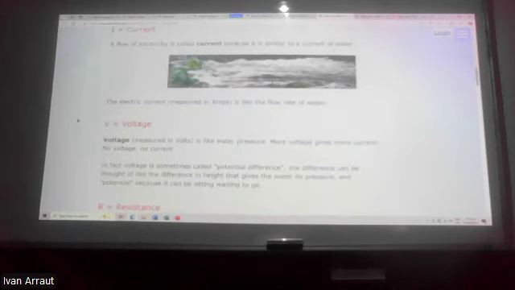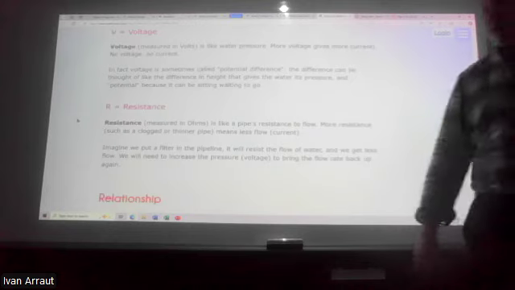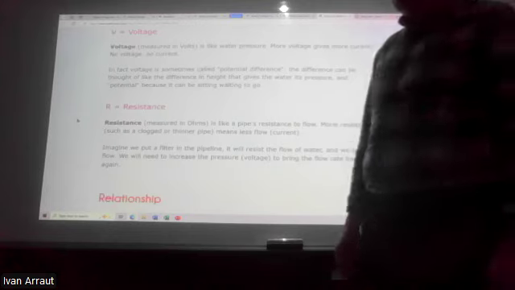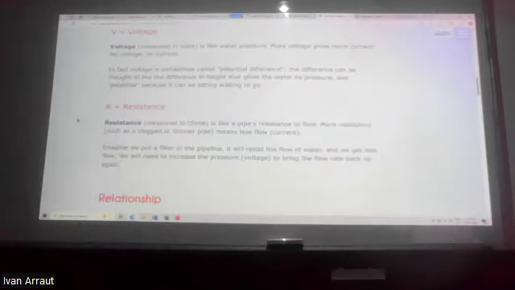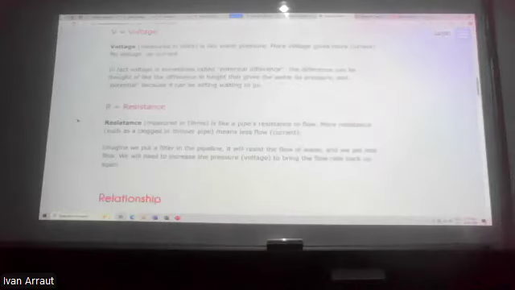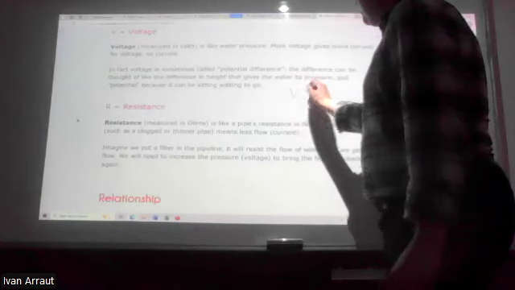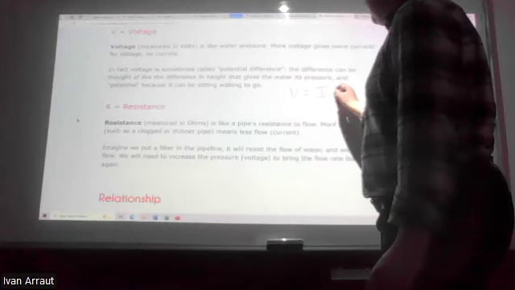So coming back to this example, the current is similar to the current of water. Voltage, as you could see, is equivalent to the difference in pressure. I want to write something. I think you know perfectly this law.